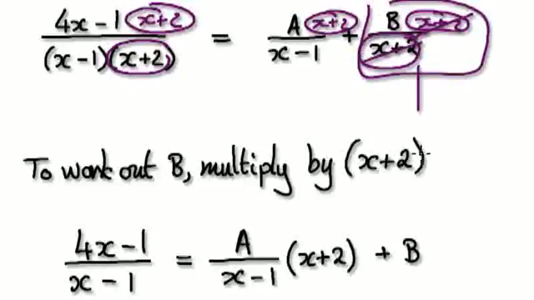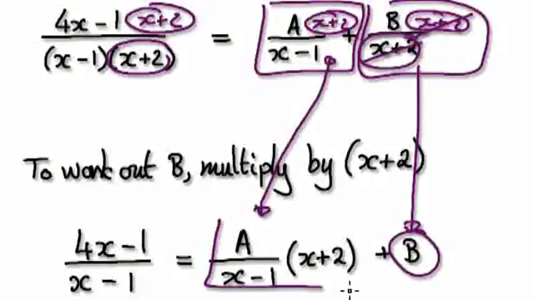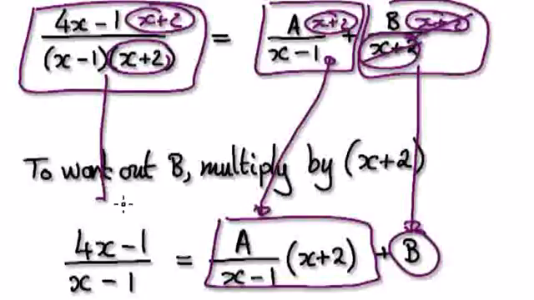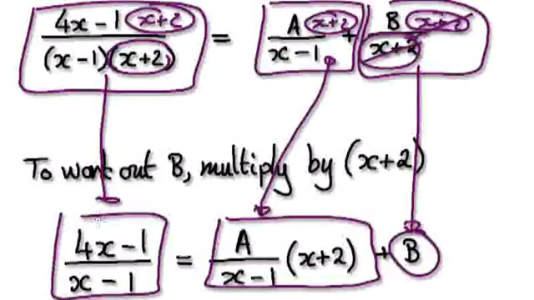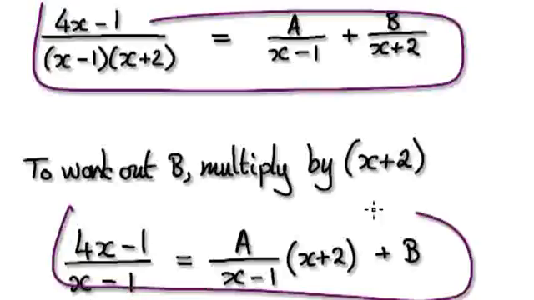So this whole thing here will become B. Let's just leave this intact, so this thing here stays the same. And then this whole thing here will become this thing here. So to work out B, multiply both sides by this thing here. Then this whole thing here will become this.